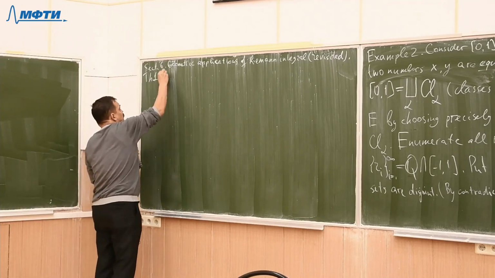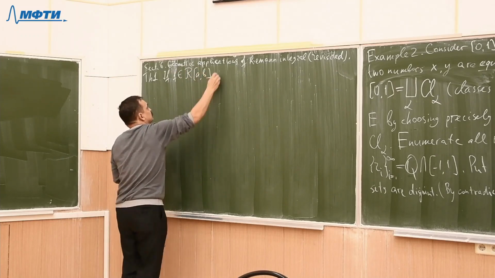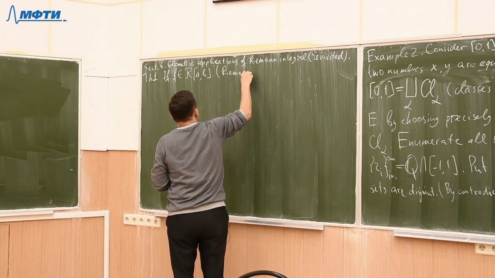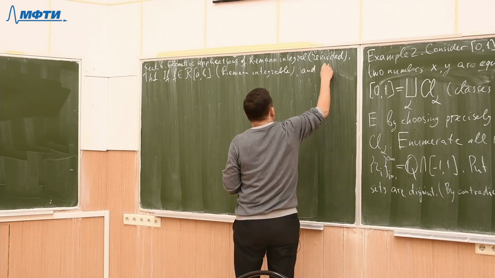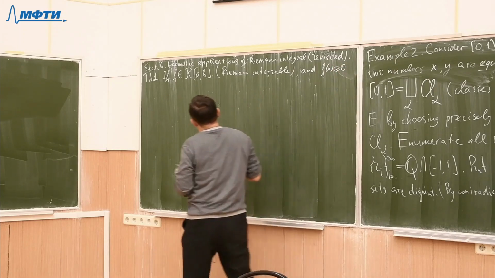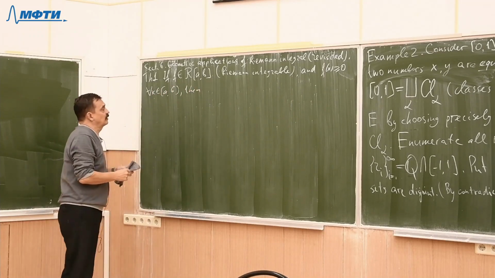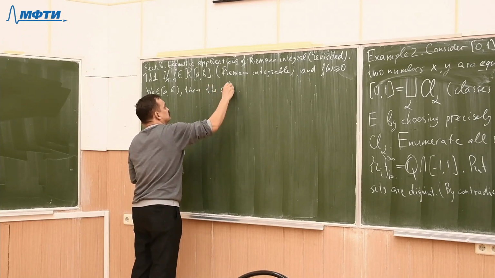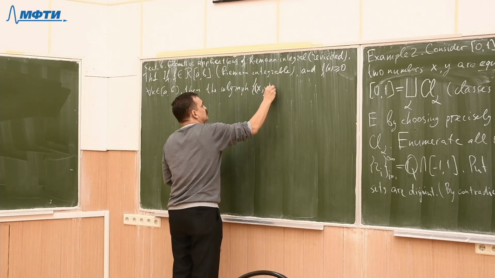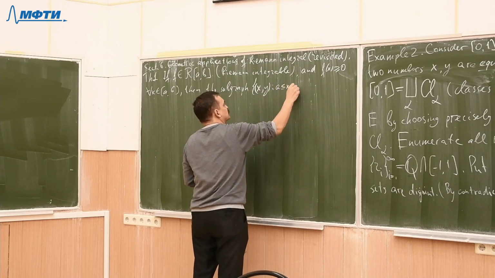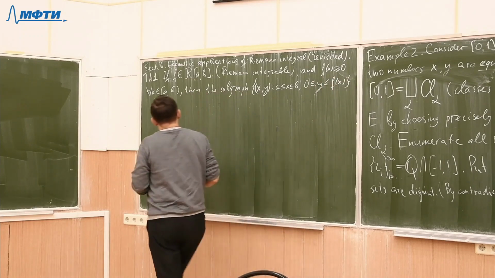If f is Riemann integrable on [a,b], and f(x) is greater or equal to 0 for all x in [a,b], then the subgraph, the set of (x,y) such that a is less or equal to x less or equal to b and 0 is less or equal to y less or equal to f(x), is Jordan measurable.